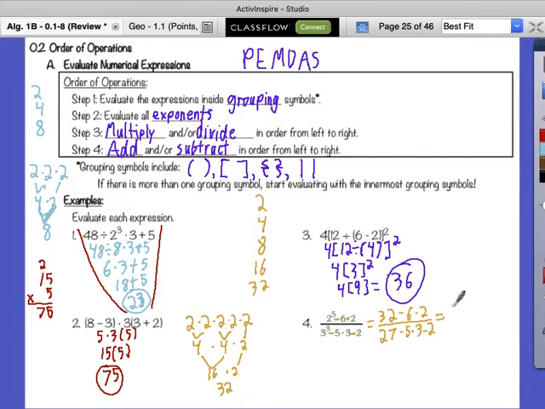On the top here, 32 minus 6 times 2. What would come first, subtraction or multiplication on the top? Multiplication. What is 6 times 2, Abby? 12. It is 12. So we have 32 minus 12 on the top. Okay, 32 minus 12 on the top. On the bottom, 27 minus 5 times 3 minus 2.